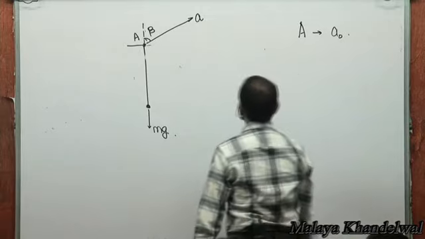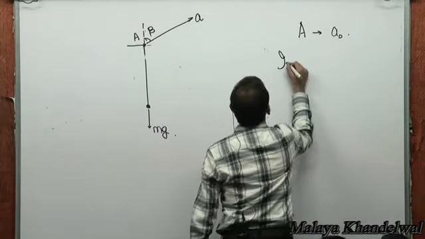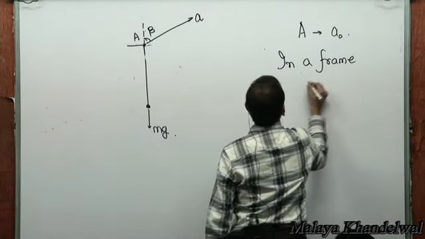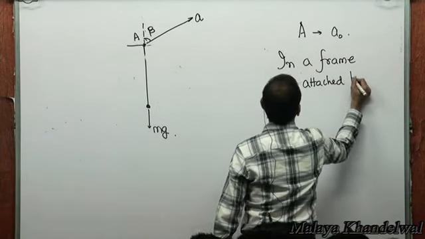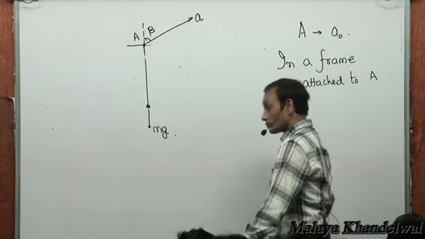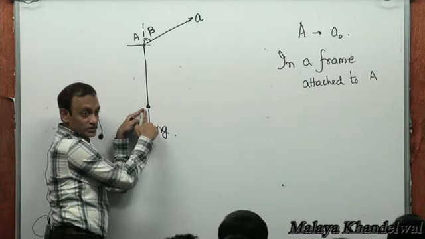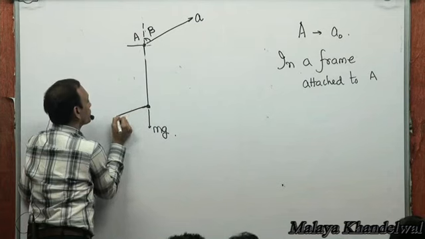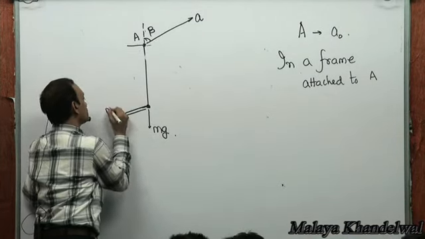Now, in a frame of reference attached to A, if I have to look at the free body diagram of this, then in addition to mg, there is going to be a pseudo force Ma like this.